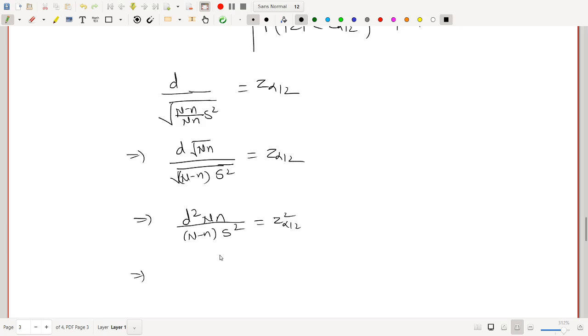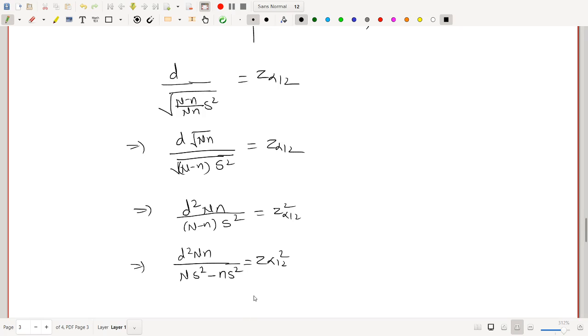Now we have to solve this equation for small n. So we can solve this like this: d square n divided by, here it will be N S square minus small n S square into z alpha by 2 square, which is equal to z alpha by 2 square.